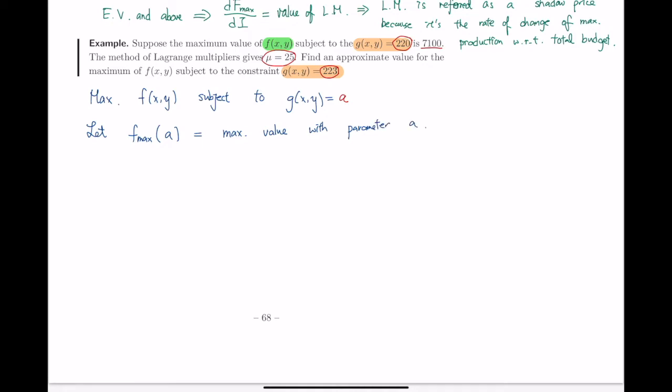So for example, we're given F* when a is 220 equals 4100.